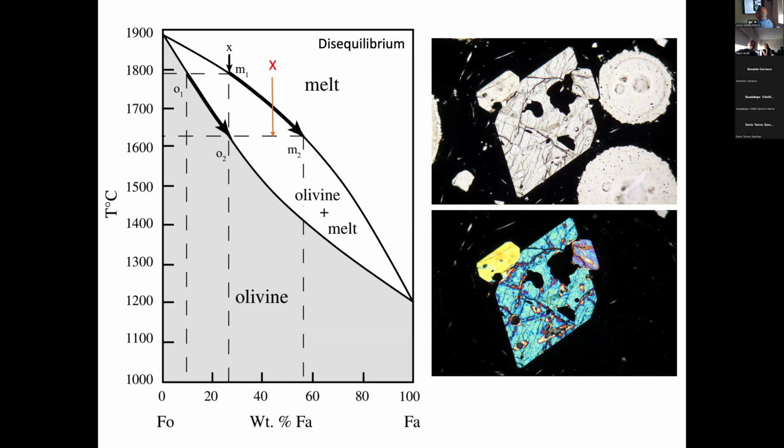If instead we introduce disequilibrium, so if we do the same cooling path but quickly, we can have a crystal of olivine when we go in subliquidus condition where olivine and melt can be in equilibrium. But then if we cool down quickly from subliquidus condition to the subsolidus condition, the olivine formed here will be quenched, but all the matrix, all the melt that was in equilibrium with olivine, will be glass.